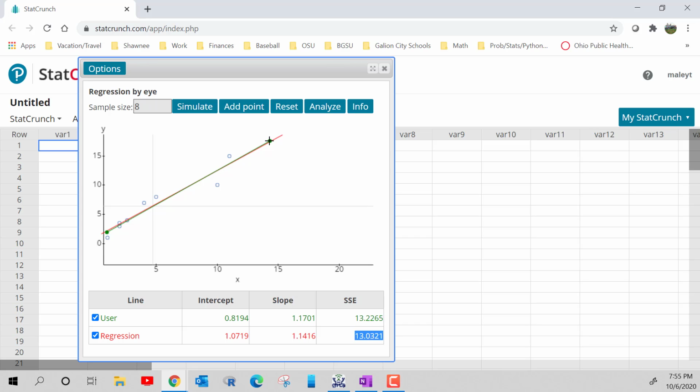The only way to really reduce that any further is to be on the line exactly, which is a little hard to line up exactly, but that's pretty darn close. So this is something you can play around with to see that there's only going to be one line that minimizes that, and any other line is going to have a larger sum of squared errors, a larger SSE.